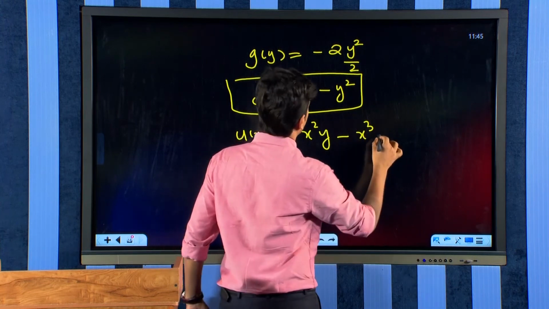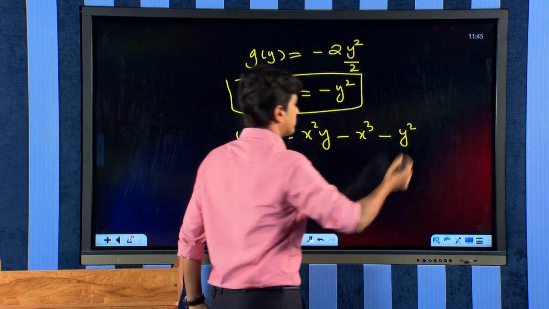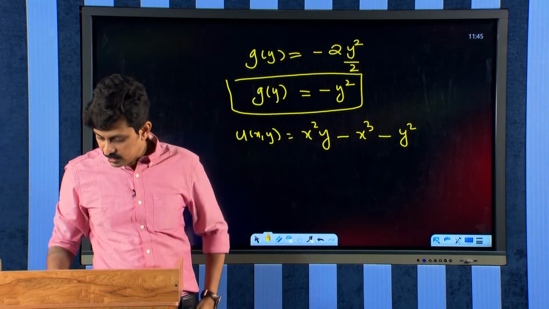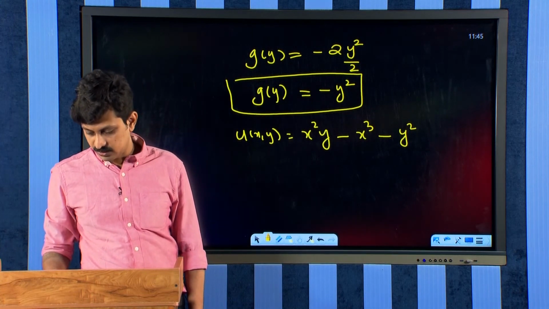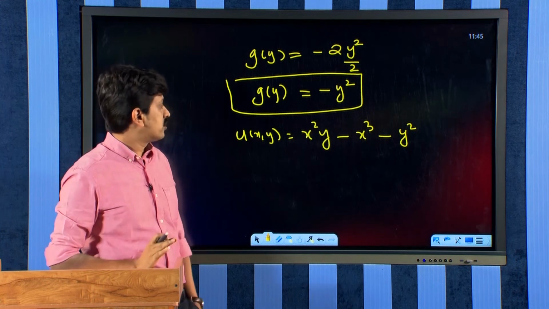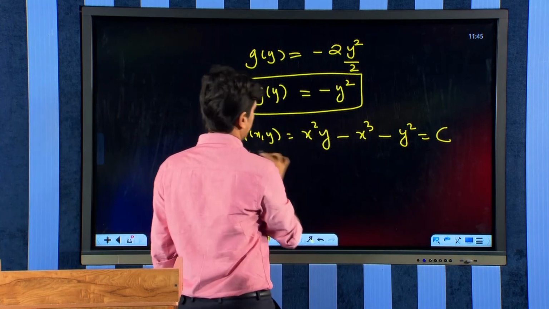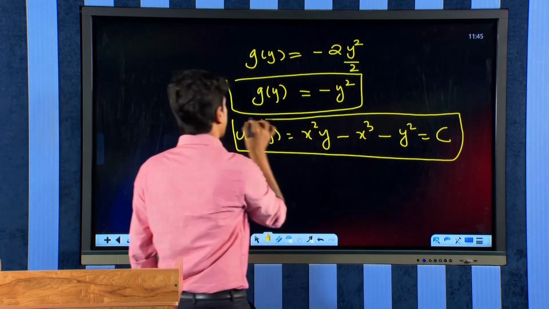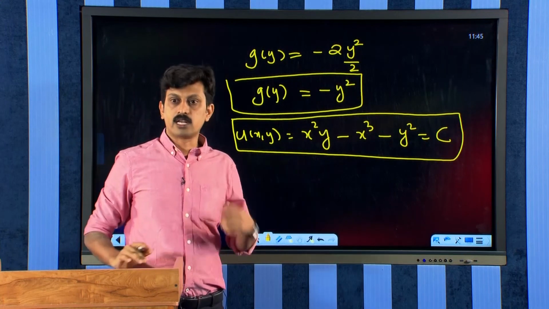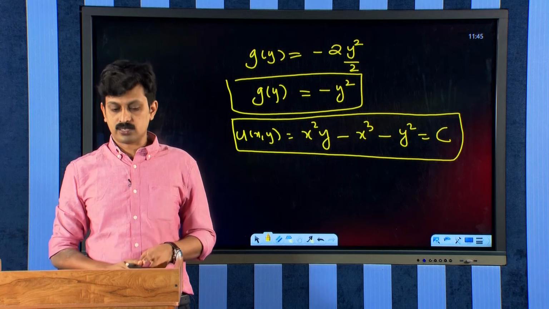So, instead of g of y we can write minus y square. So, x square y minus x cube minus y square is equal to some constant C, which is the general solution of the given differential equation.